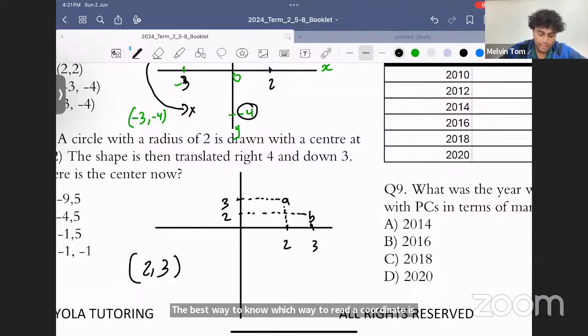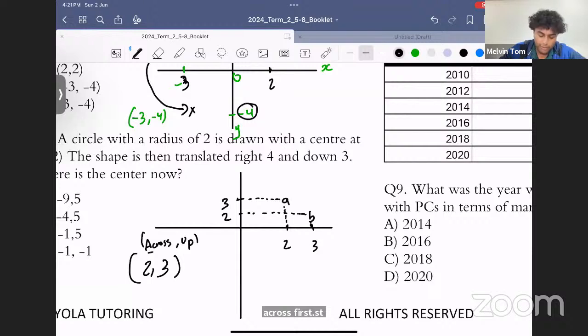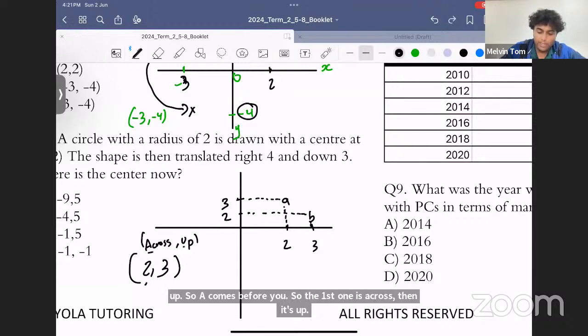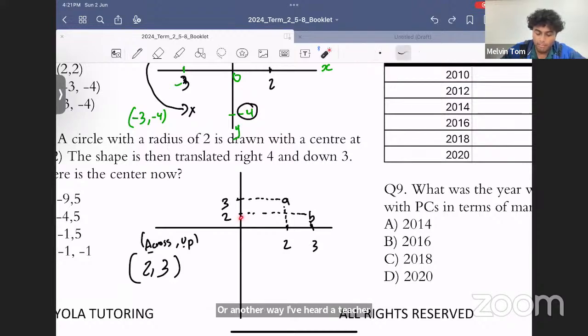You can read it as across first, then up. A comes before U, so the first one is across, then it's up. Or another way I've heard a teacher explain is that a baby crawls first before it stands up, right? So 2 across, then 3 up. So the answer is A. A is 2, 3. Do you guys understand? So across first, then up.